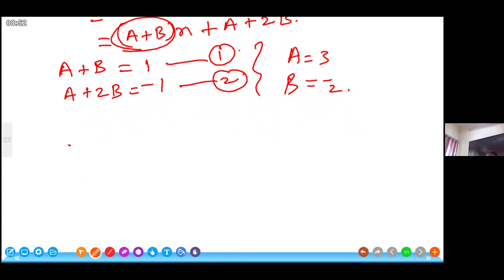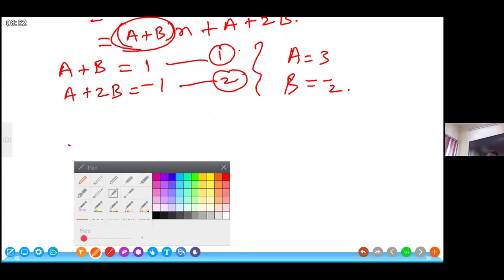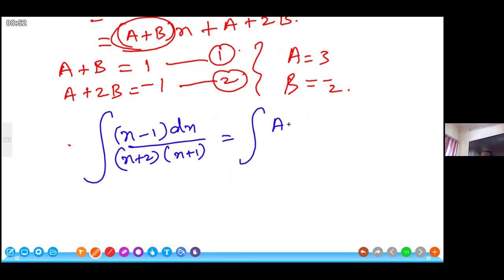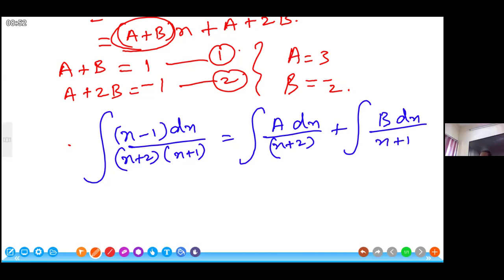Now, going back to the function. What was the function? We want to integrate x minus 1 dx divided by x plus 2 into x plus 1, which, as we have already said, is the integration of a dx divided by x plus 2 plus the integration of b dx divided by x plus 1.